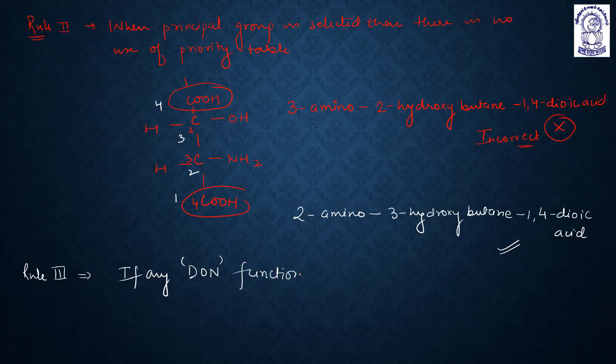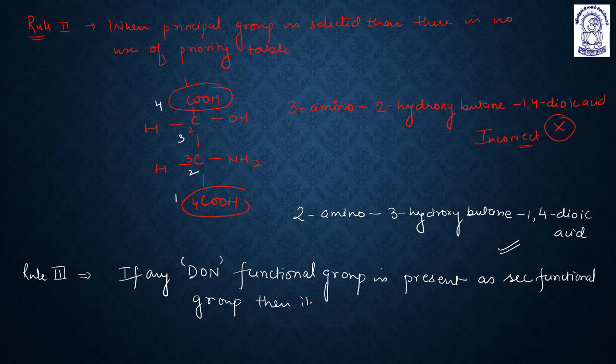If any such functional group is present as a secondary functional group, then its carbon is not included in the principal carbon chain, except the CHO group.